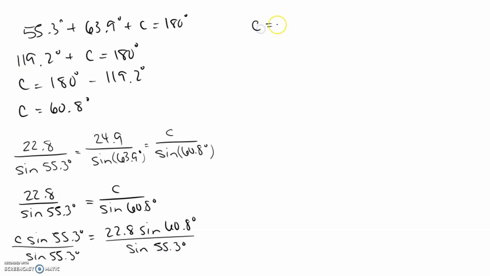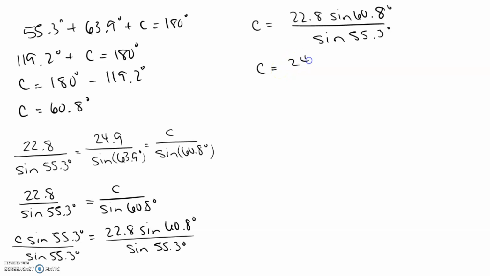Okay, so C is equal to 22.8 times sine of 60.8 all over sine of 55.3 degrees. Okay, and when we plug this into our calculator, we should get 24.2, and they were using feet. Okay, so that is just for the first triangle, and then we'll look at how to find the second triangle.